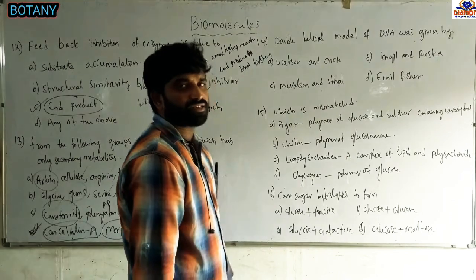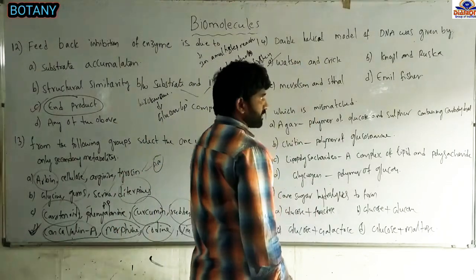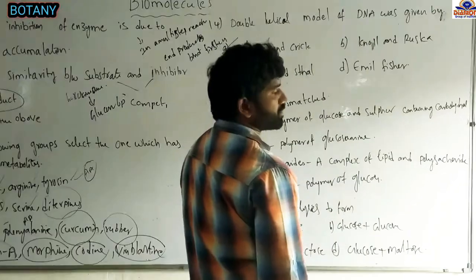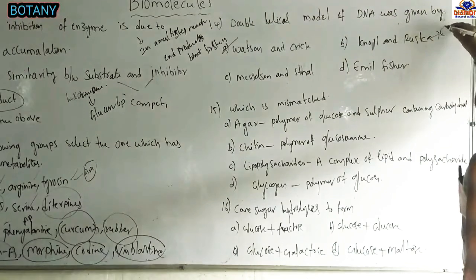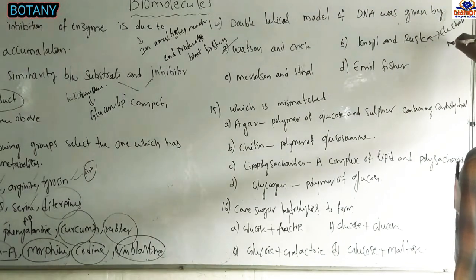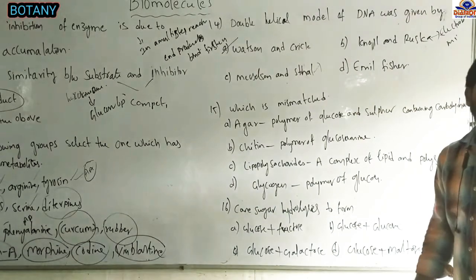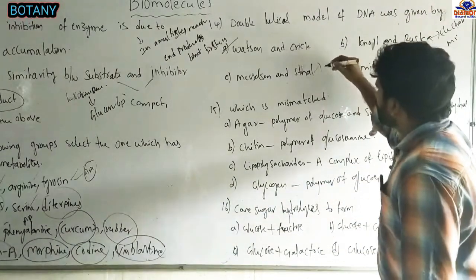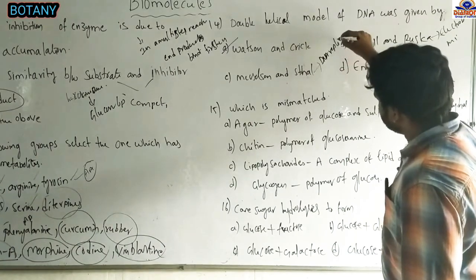The double helical structure of the DNA was given by option A, Watson and Crick. And what about the remaining options? Knoll and Ruska invented the electron microscope. Meselson and Stahl are two scientists who proposed the confirmation test for DNA replication.